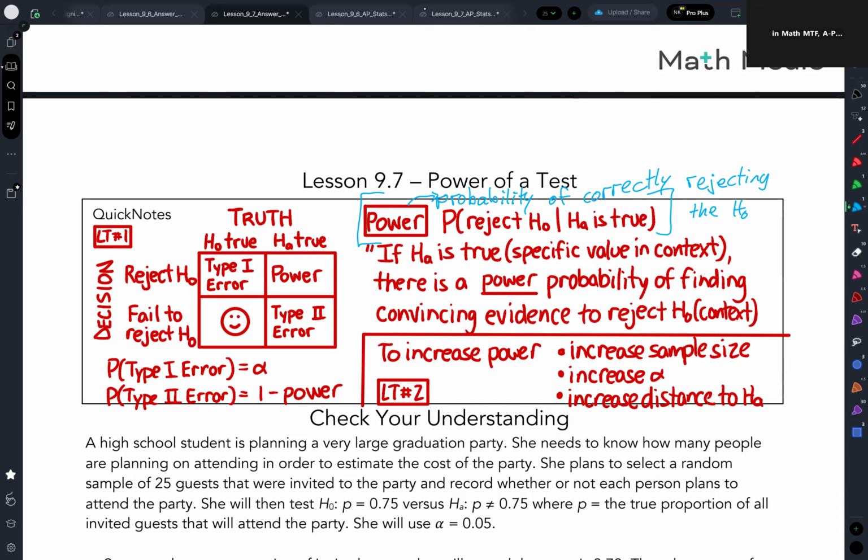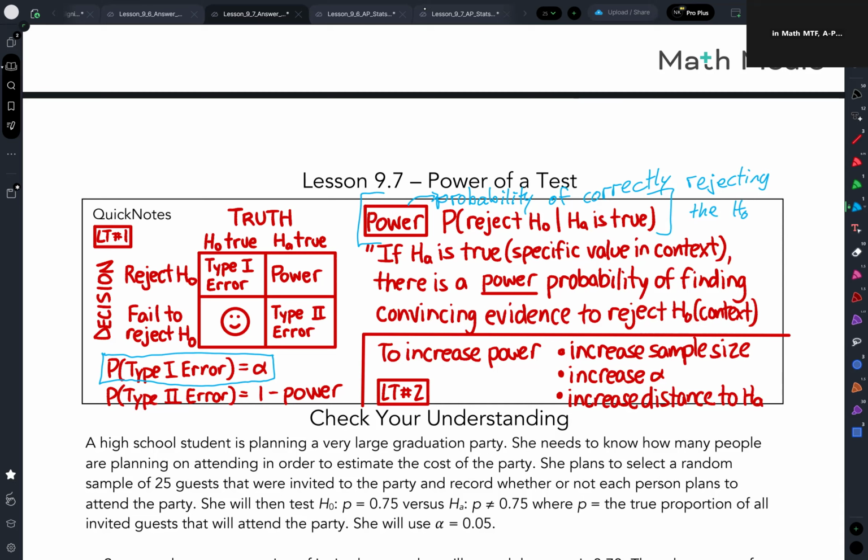So, all that to say, we talked about this in the past. Down here on the left, the probability of a type 1 error, that's alpha, right? The probability of a type 2 error is 1 minus the power. One of the things to remember is, if the alternative is true, there's only two things that can happen.